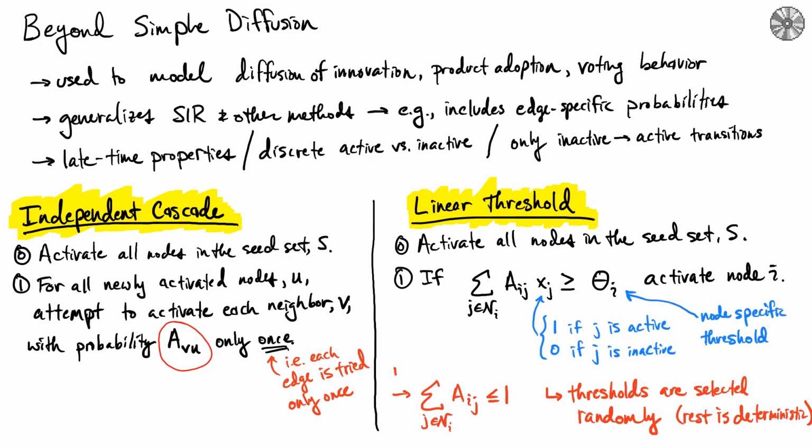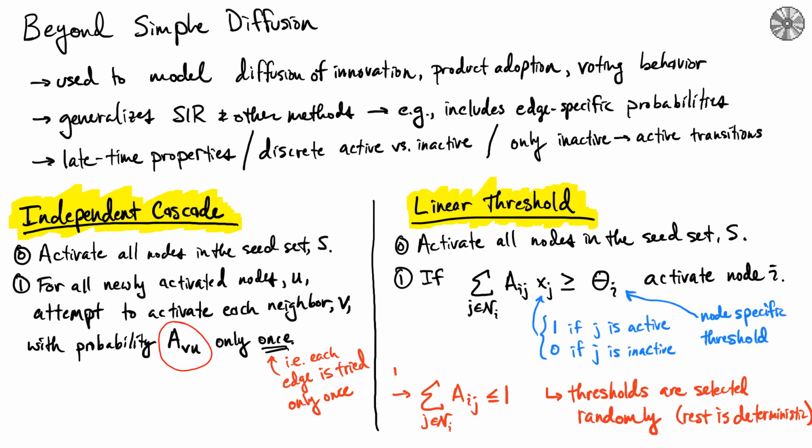An alternative influence model is the linear threshold model. Again, we start with an initial seed set S of nodes that are active. Now what happens is that you take the sum over all the neighbors.